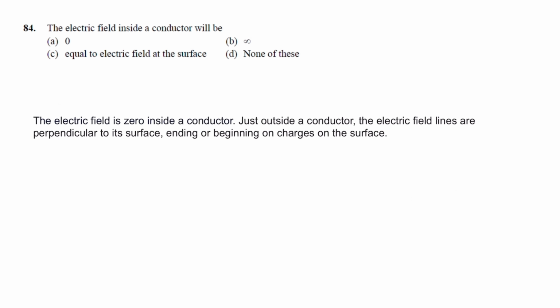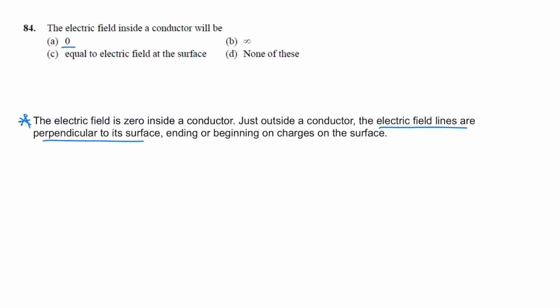So inside the conductor, the electric field is 0. Just outside the conductor, the electric field lines are perpendicular to its surface, ending or beginning on the charges present on the surface. Correct option is A.